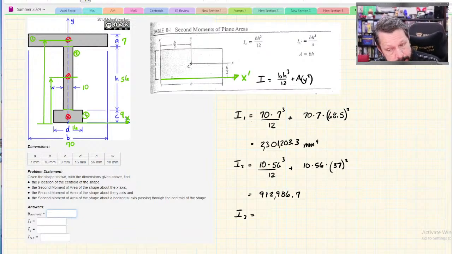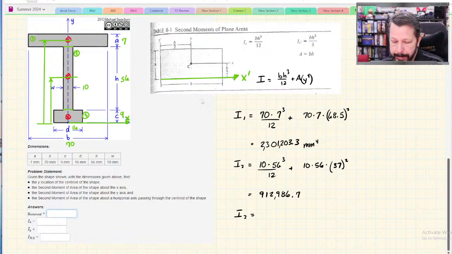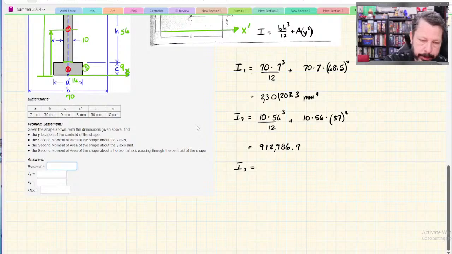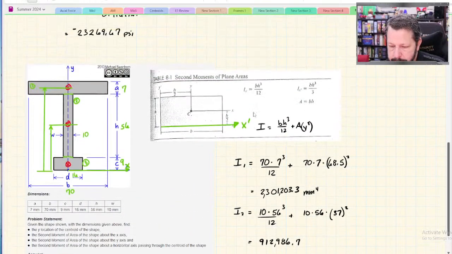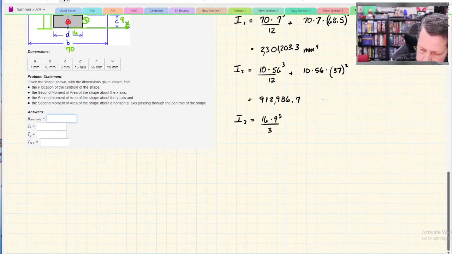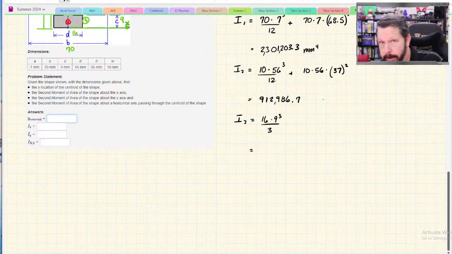So in this case, we can use bh cubed over 3 as our equation without the parallel axis theorem. We could just put b being 16, h being 9, over, in this case, the x prime equation is bh cubed over 3. So we only have to do that. We could do bh cubed over 12 plus ay squared, and we get the same number.